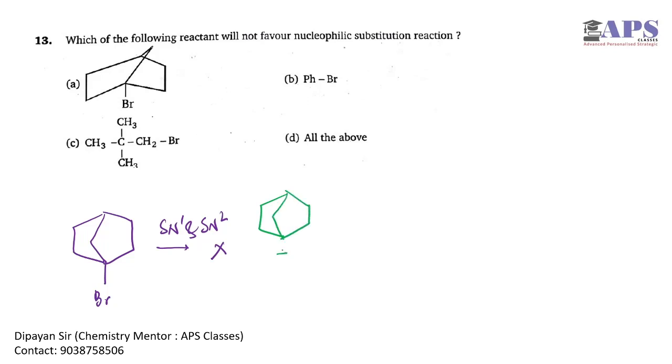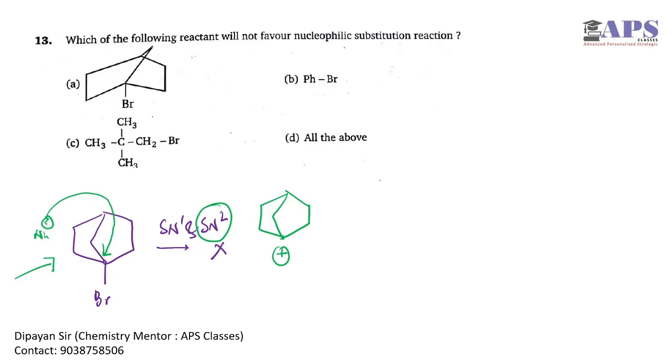This type of carbocation is very unstable because the carbocation is at a bridgehead position, and SN2 is not possible because nucleophilic attack from the backside of this bromine is not possible due to this cage-like structure. The backside of this C-Br bond is so sterically hindered that the nucleophile cannot approach. So the option A molecule is not going to be involved in SN1 or SN2 reaction.